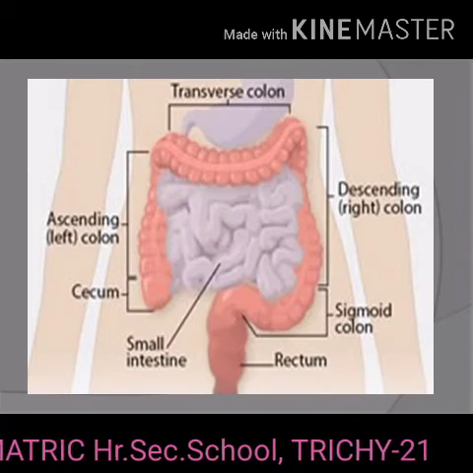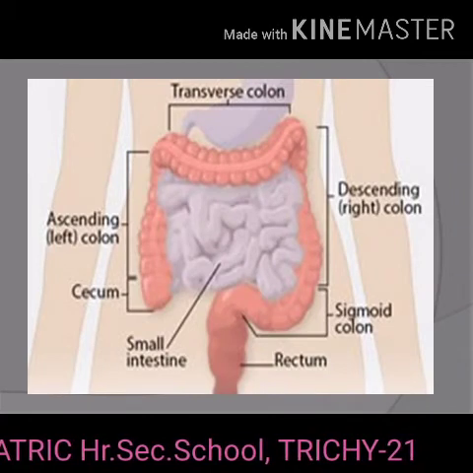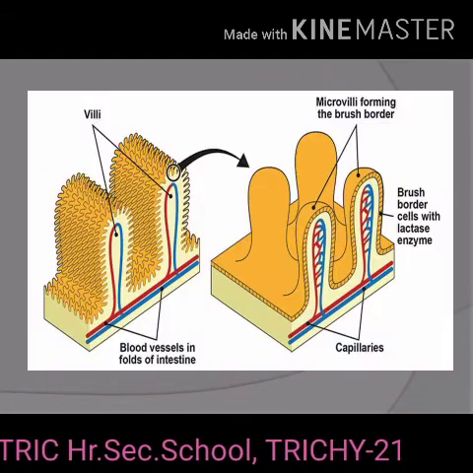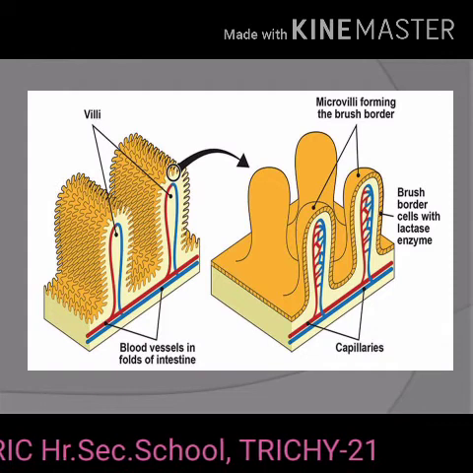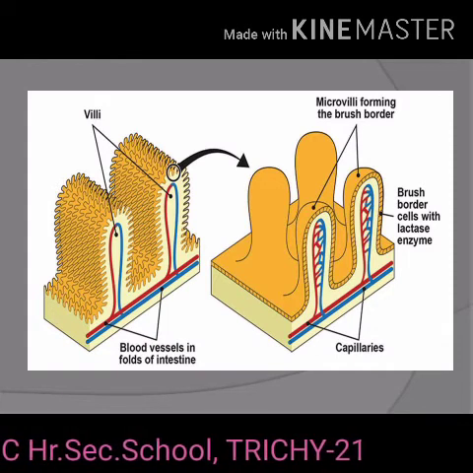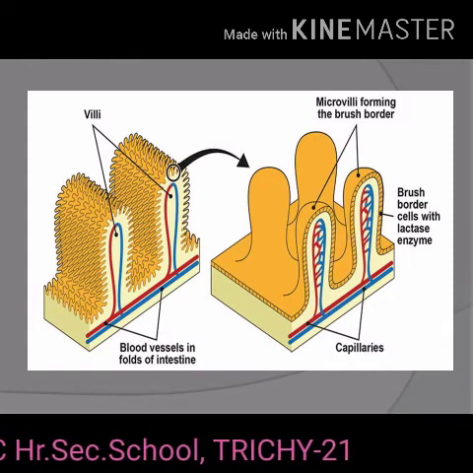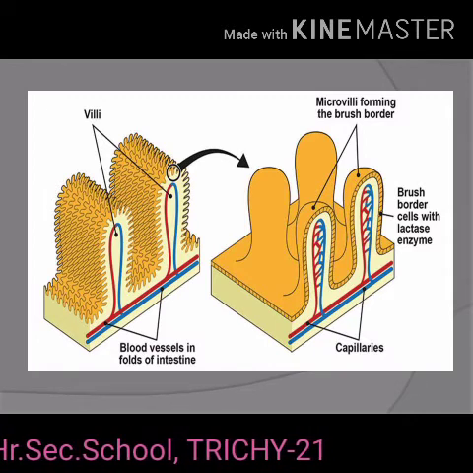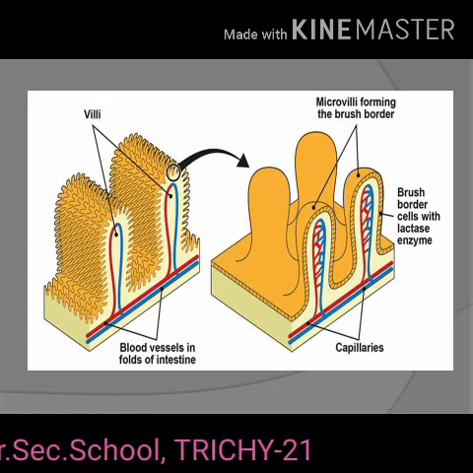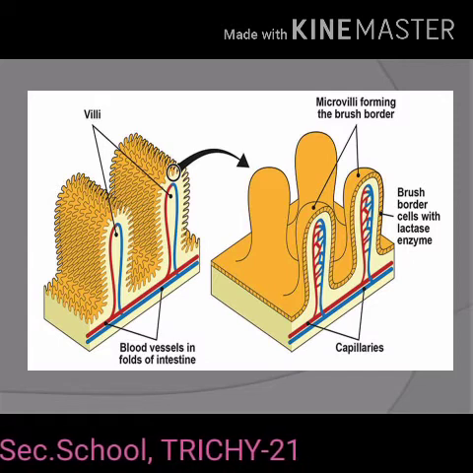It is also found in the intestine and tubular part of the nephron. It has microvilli that increase the absorptive surface area. The main function is secretion and absorption.